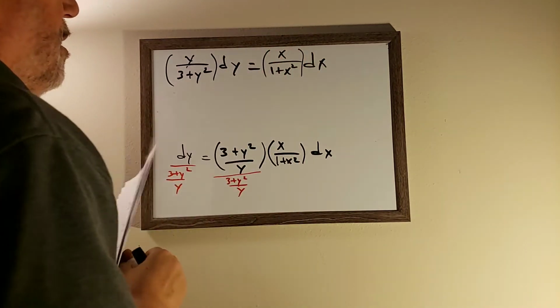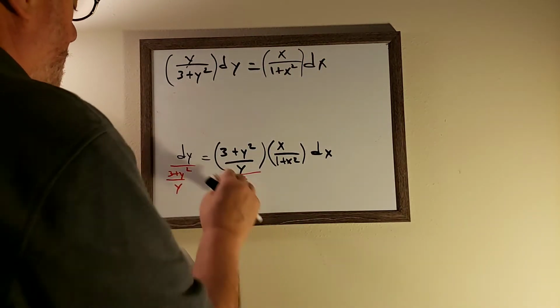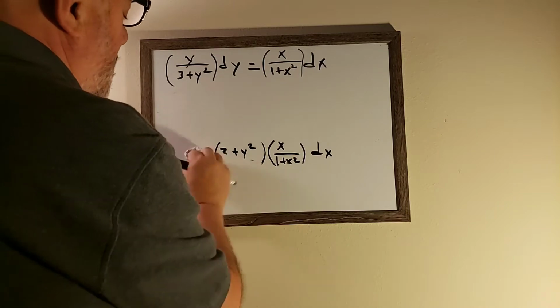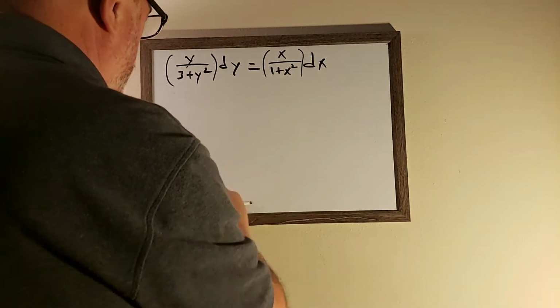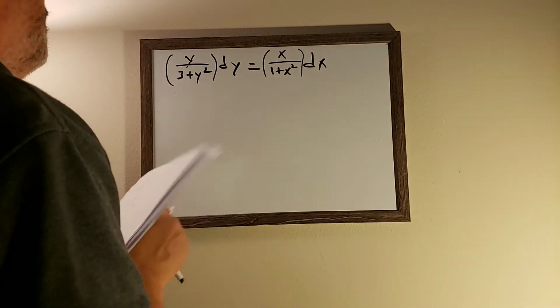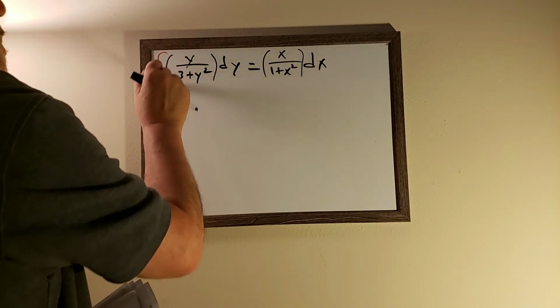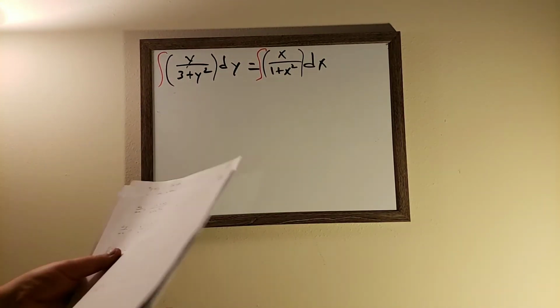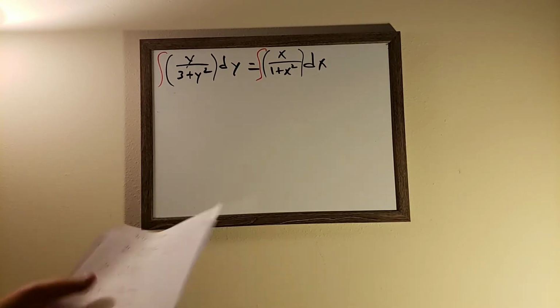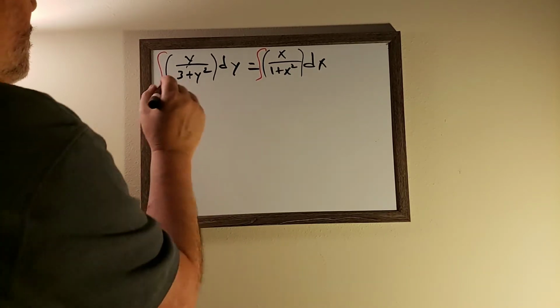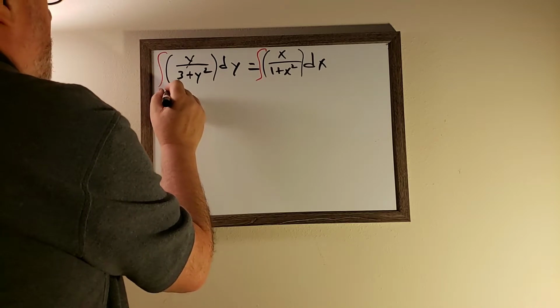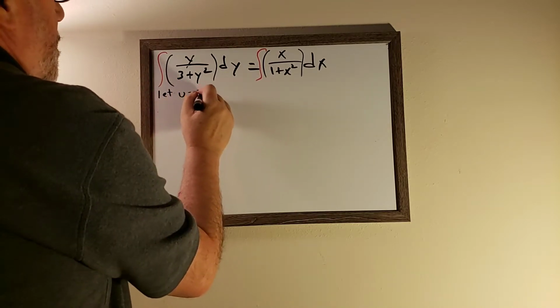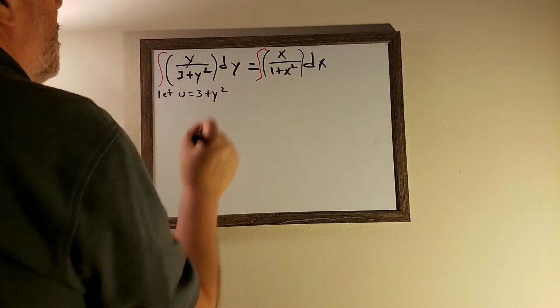Okay. Now the next step is to integrate this. And so we're going to integrate both sides. And so we'll do our integral. And so this time, let's do our integration by substitution. And so over here, let's let u equal 3 plus y squared.